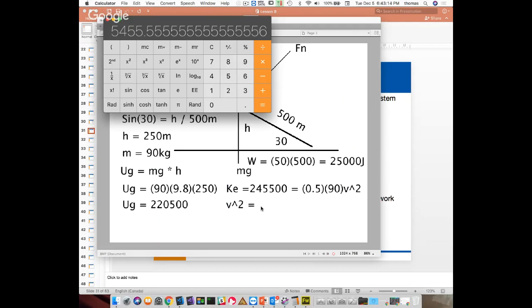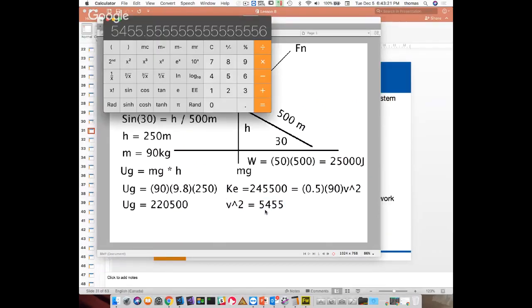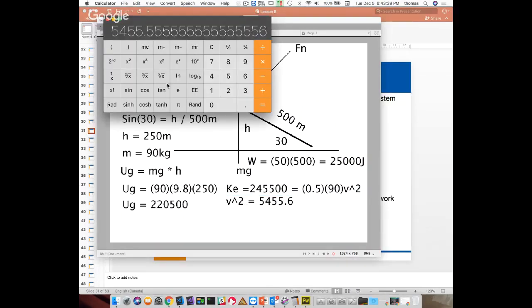Divide this by 45, which is equal to 5,455. Make it even. 5455. Okay, fine, I'll put 0.6. There we go. We know that v squared is equal to that, but we're solving for v. So we take the square root of this, which is 73.86 meters per second.